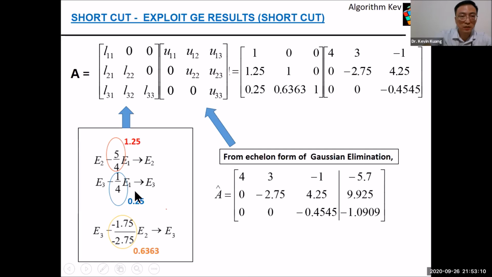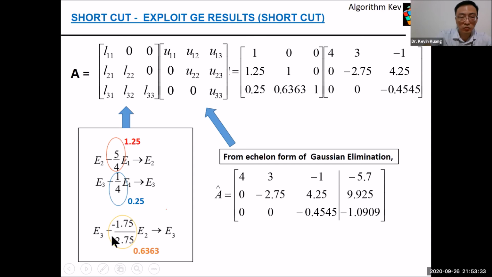You also recall that for the first ratio, when we were trying to transform the given matrix A into the echelon form, the first ratio was 5/4. Okay, 5/4, it's actually 1.25. And the second ratio was 1/4, that was 0.25.